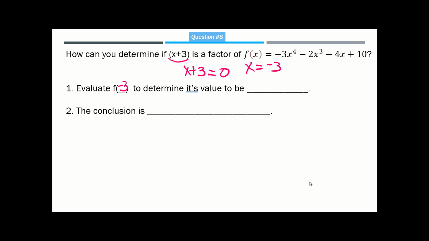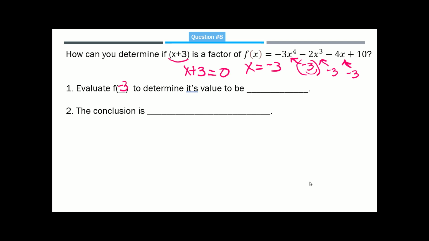Right, so we're going to take that negative 3 and we're going to plug it in to where x is. And we're going to see what the value would be.